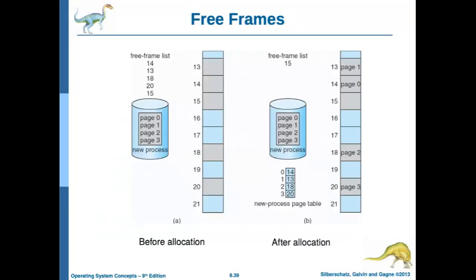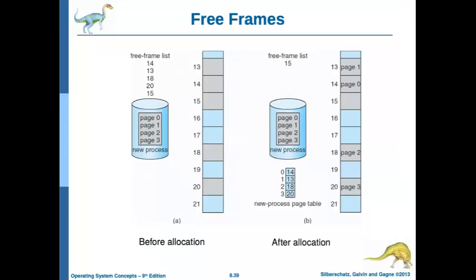Now, I was talking about the free frames. Definitely some sort of linked list is required in order to keep track whenever memory is required. There is no need to scan through all the frames in physical memory to check whether each is free or not. The operating system does a simple thing.